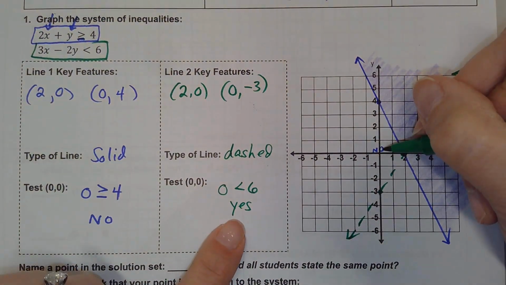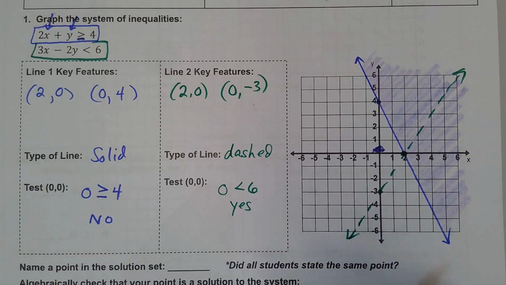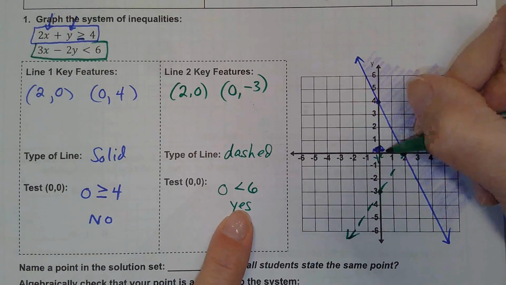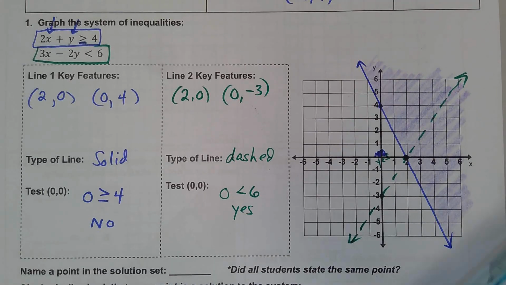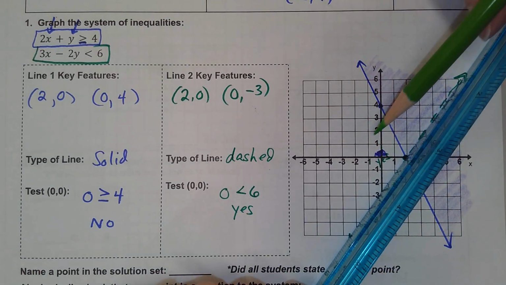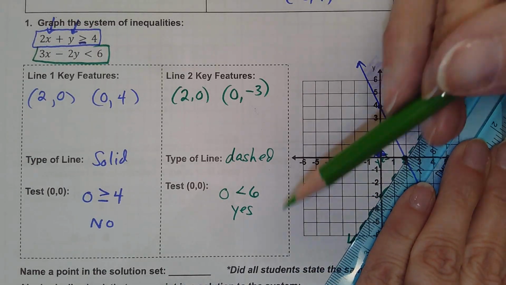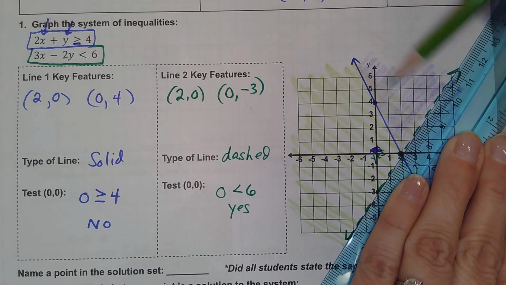On the origin, we can go ahead and erase this from before so we don't get confused. This time it was yes. So now I have to figure out which way to shade. Do I shade this way? And the green answer is yes. So we color everything on this side of the line.